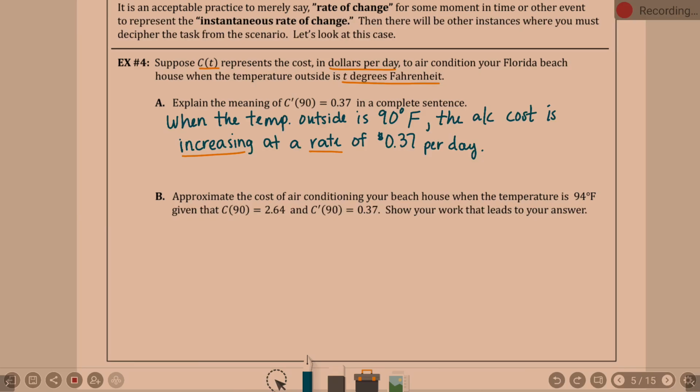So how I have mine set up, we're trying to find 94, right? So I did C of 94 minus C of 90 over 94 minus 90. And that's going to equal the 0.37.